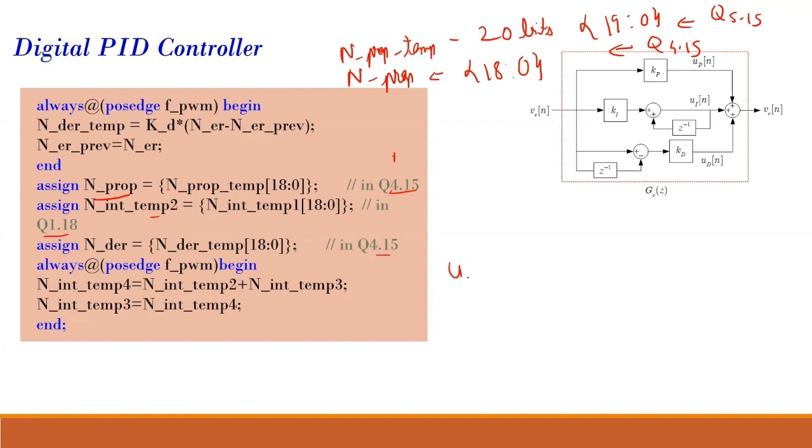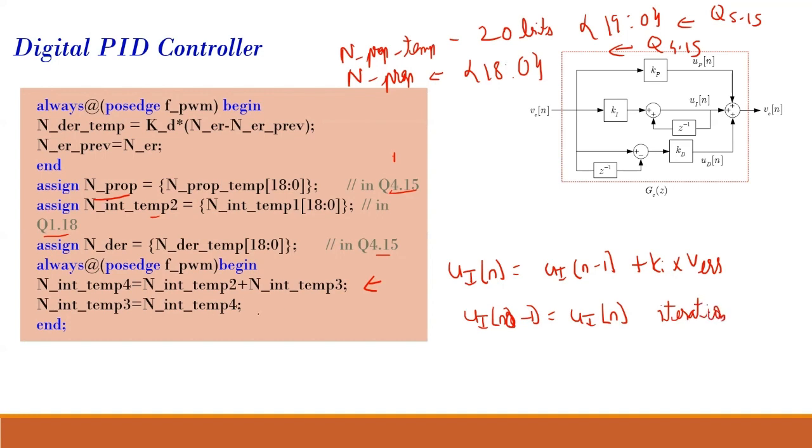Now we know that my ui of n is ui of n minus 1 plus ki into v error, etc. So that is this part. And then after doing that, we put ui of n minus 1 equal to ui of n in the iteration.